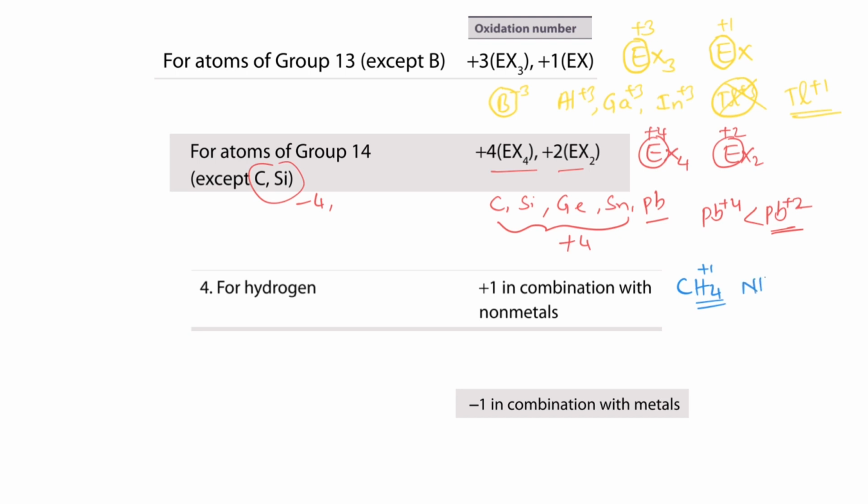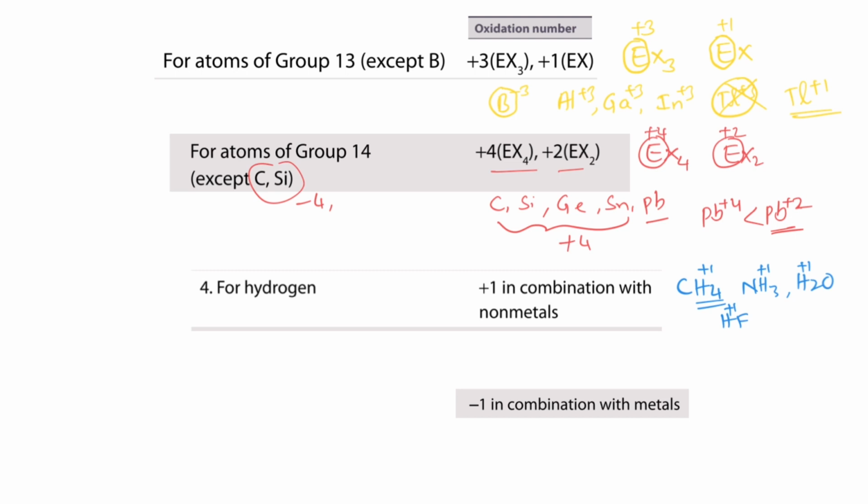In NH3 hydrogen shows +1. In H2O hydrogen shows +1. Next, HF, hydrogen shows +1. Hydrogen combined with a non-metal shows the +1 oxidation state.